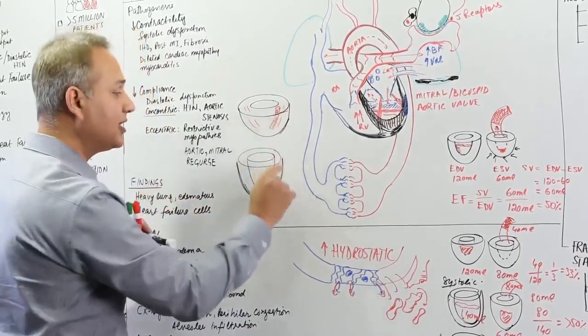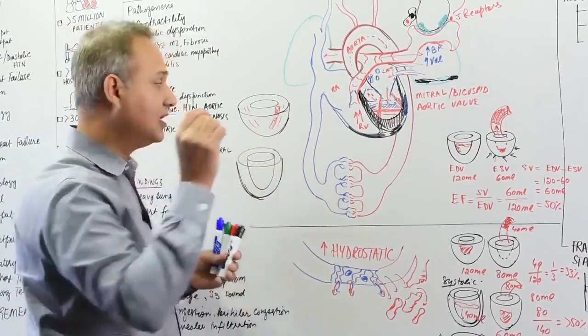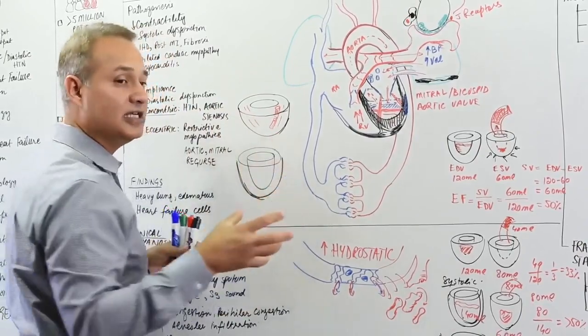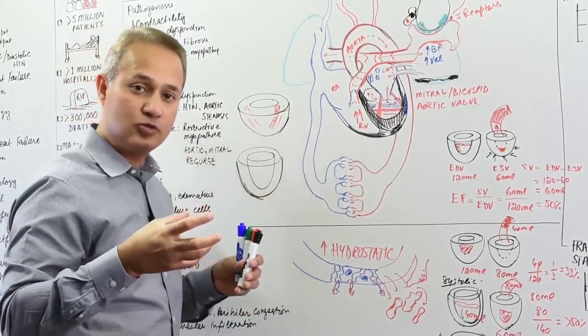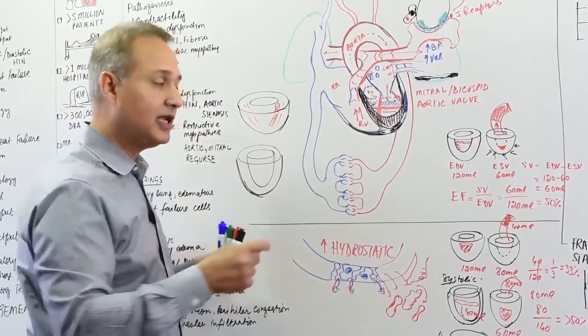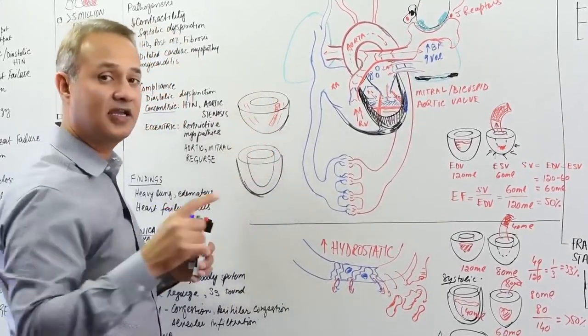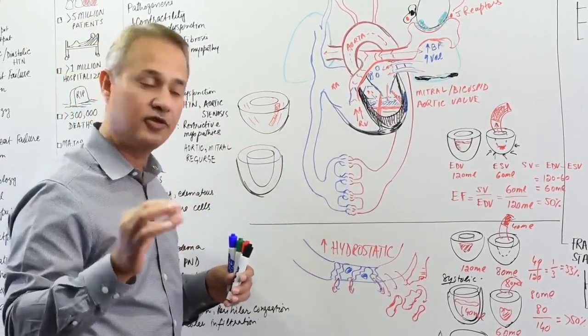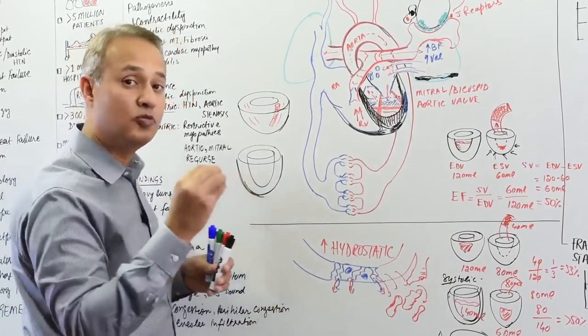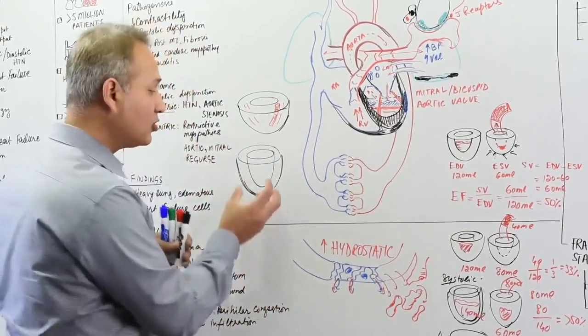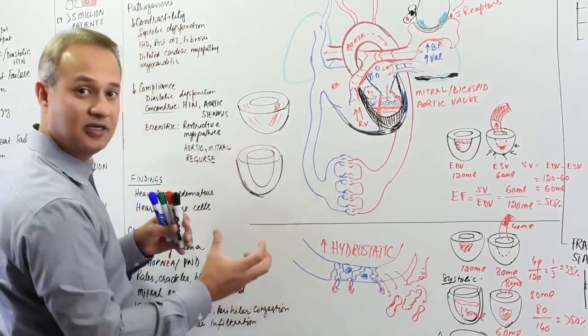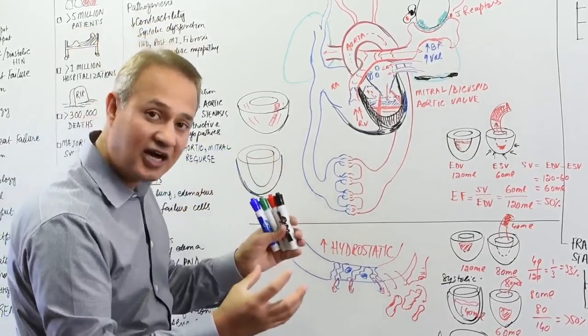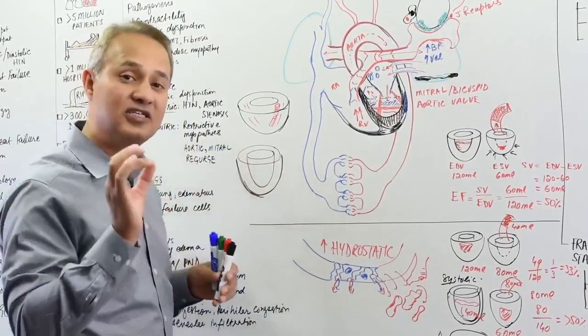So how do you separate them? Keep this in mind, please. Whenever the ventricle is working against pressure, it will become thick, and that thickening is the concentric hypertrophy. Whenever it is working with more volume, that would cause it to be lengthened or increased in size, and that is called eccentric hypertrophy.